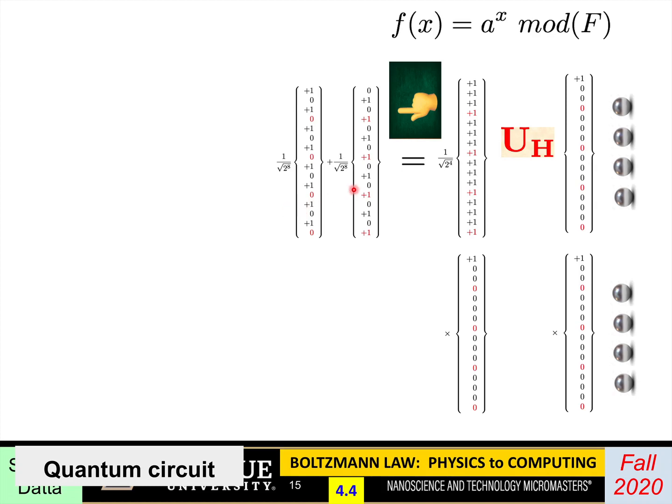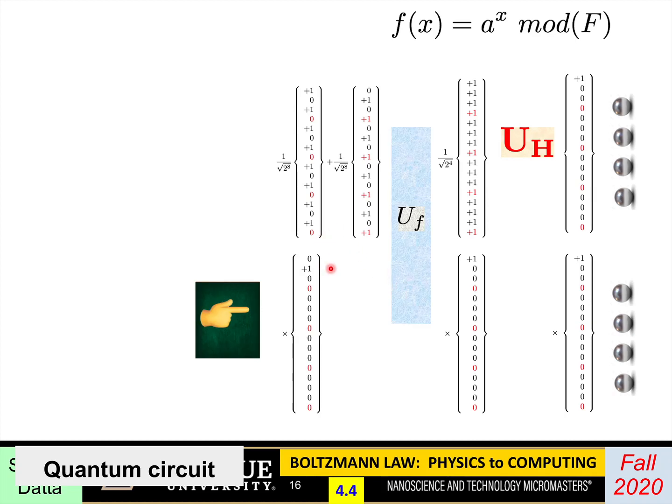Now, the point is that when you separate it out, these 2 sections have a different corresponding thing in the auxiliary register. Why is that? Because what we are going to do is apply a gate that performs a transformation so that if you have x here, it puts f of x into the auxiliary bit.